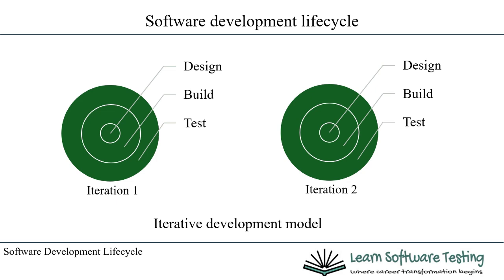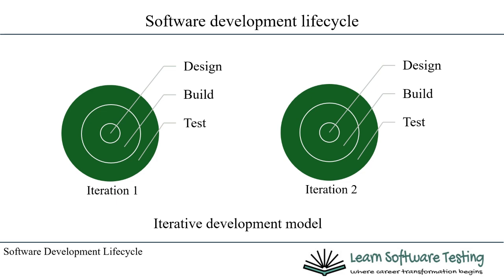As you can see from the diagram, the first one is labeled iteration 1, and the activities are very similar to the sequential life cycle. They carry out the design, the build, and the test. The only difference is that this is done in chunks. You don't get a complete software at the end of each iteration.